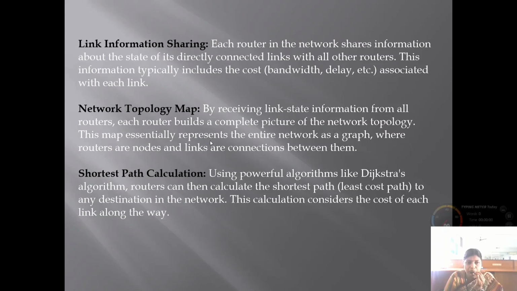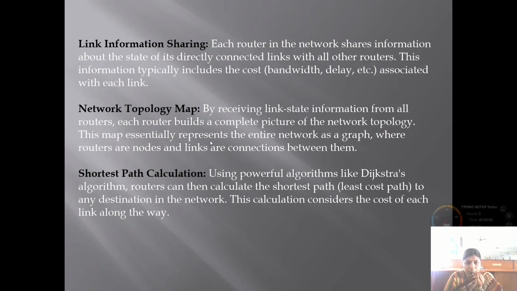Link information sharing means each router in the network shares information about the state of its directly connected links with all other routers. This information typically includes the cost, which is bandwidth, delay, etc., associated with each link.